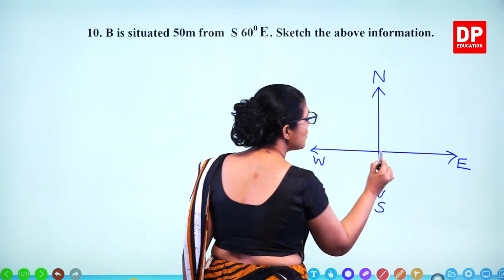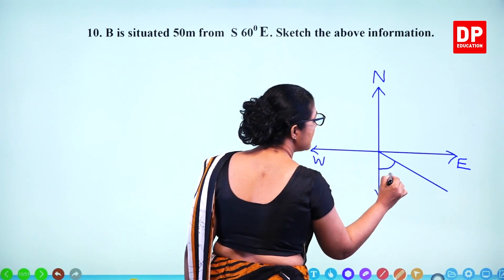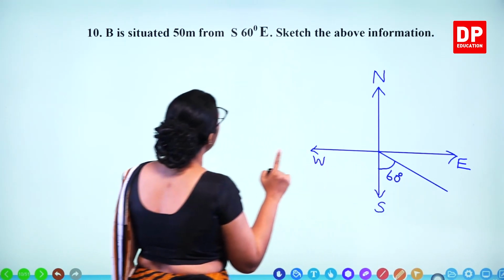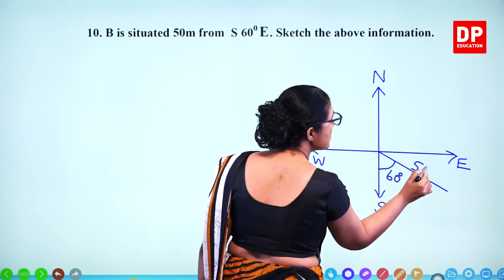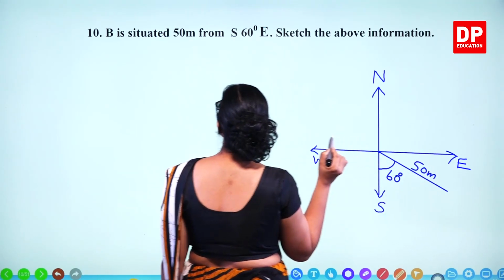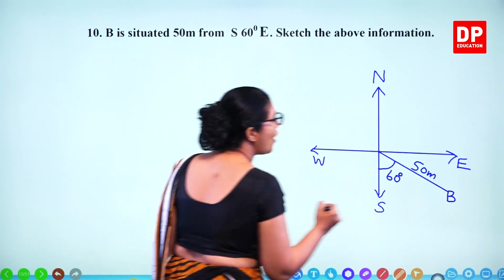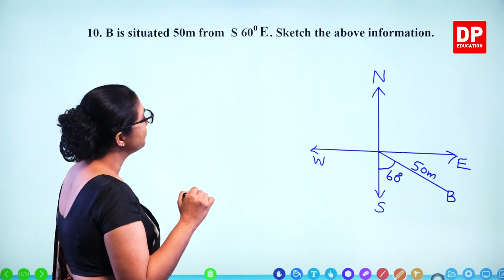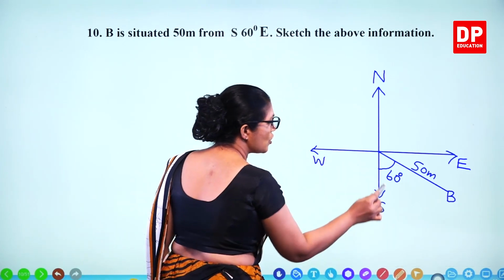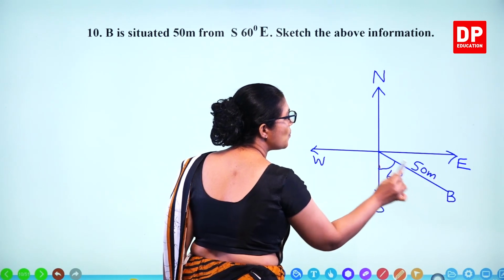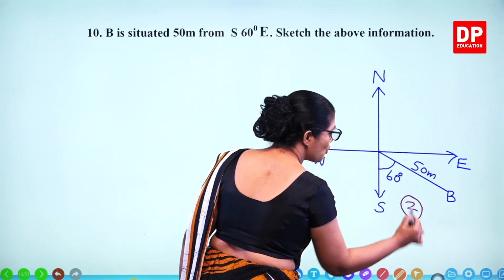So that means this way. This angle is 60 degrees, and the distance is 50 meters. B is situated here, so this is the point B. You get 2 marks for sketching, marking the angle as well as the distance.